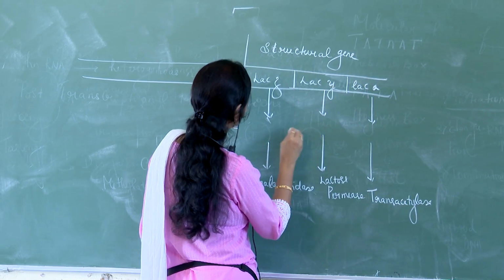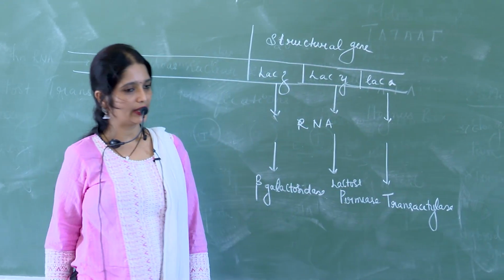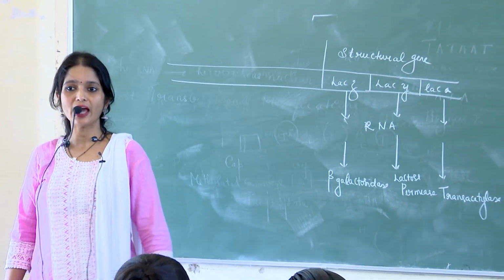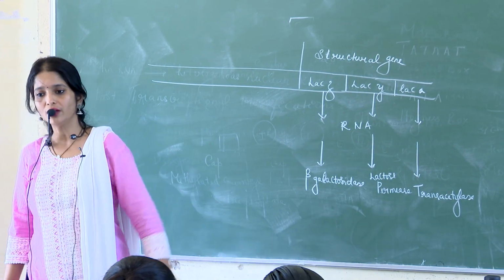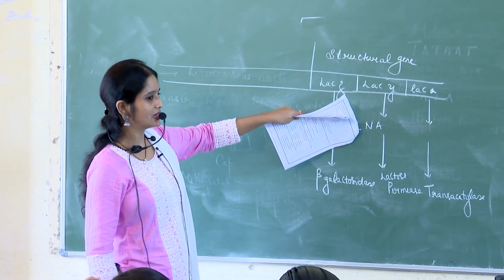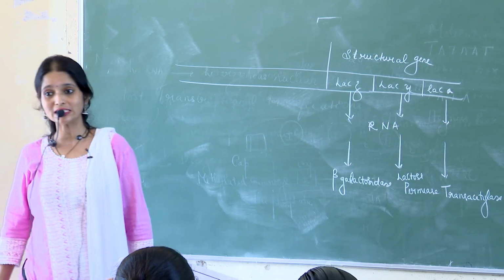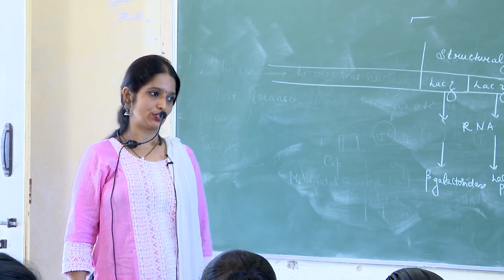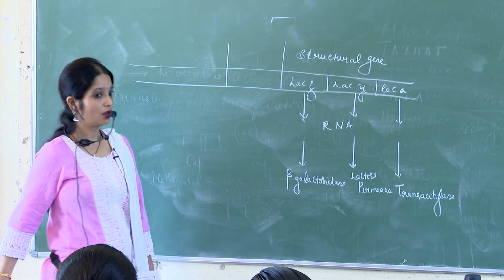DNA synthesizes RNA, and RNA is synthesizing these proteins when it goes to the ribosome. Correct? So, DNA synthesizing RNA is transcription, RNA synthesizing protein is translation. Right? Yes.